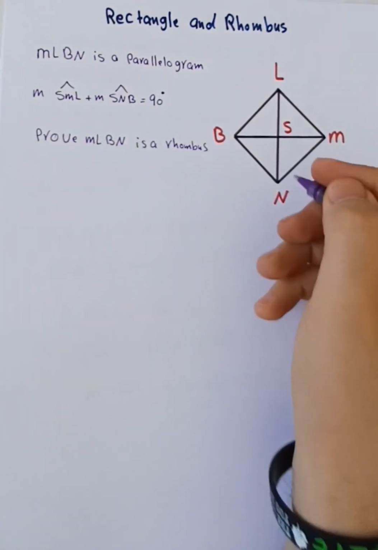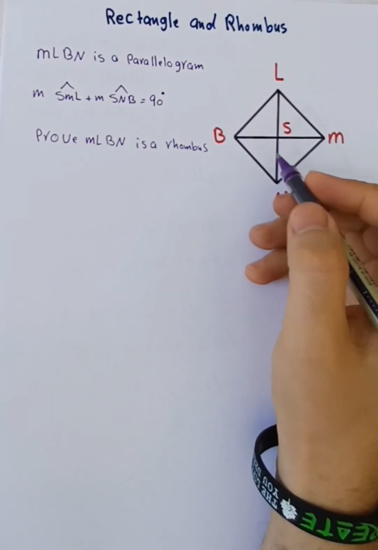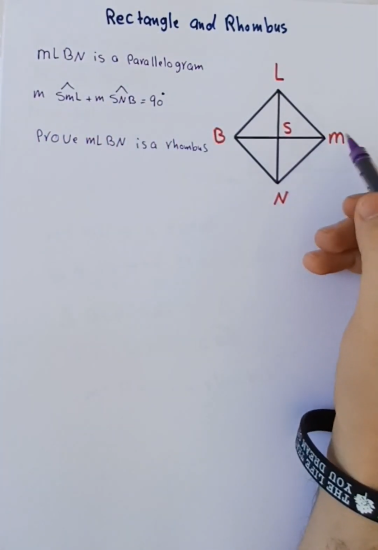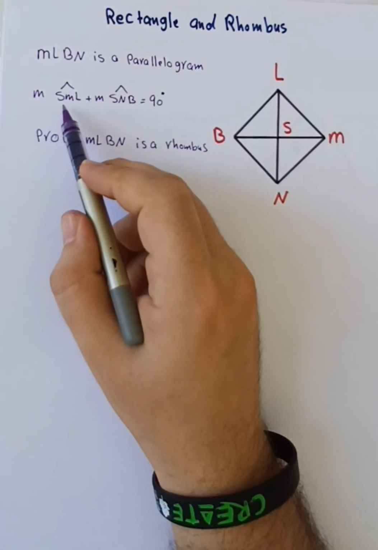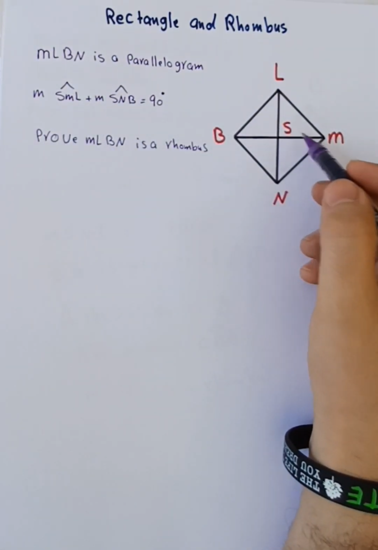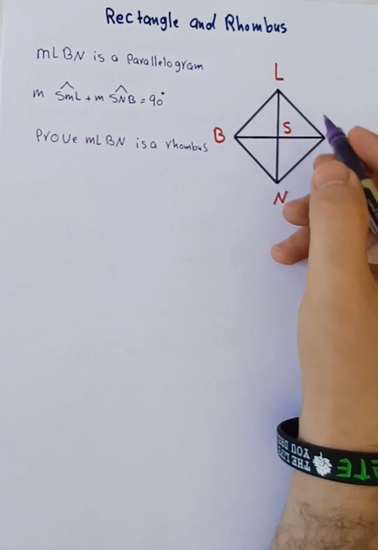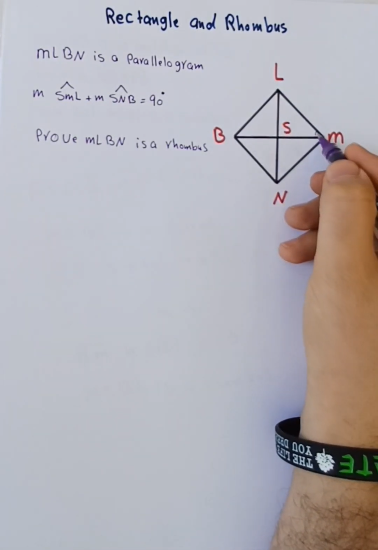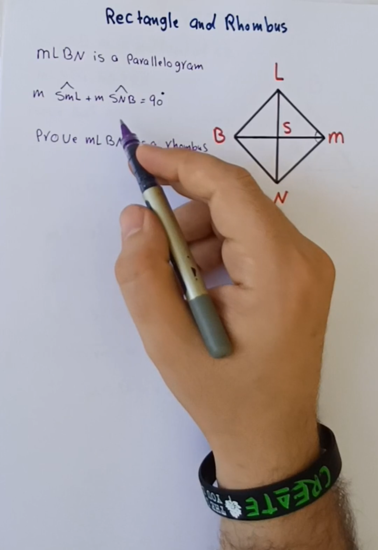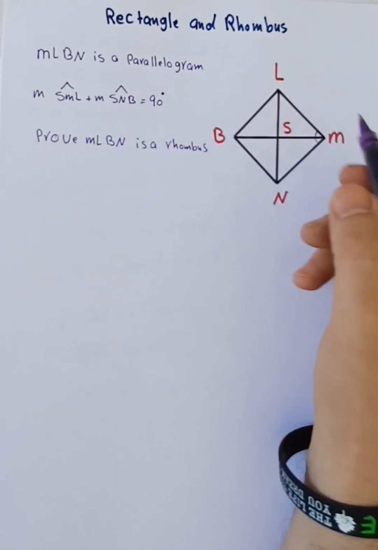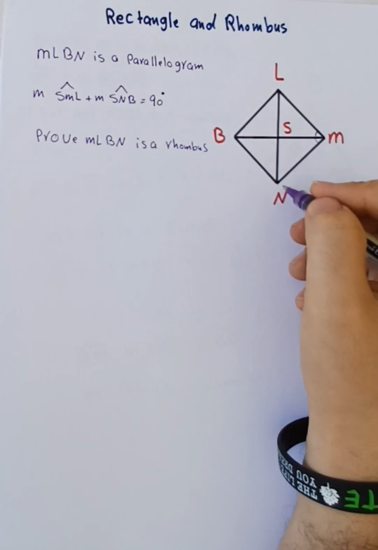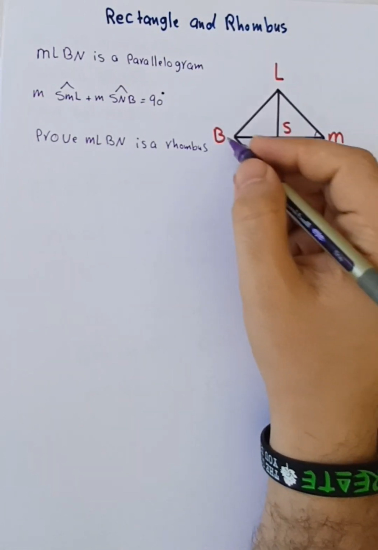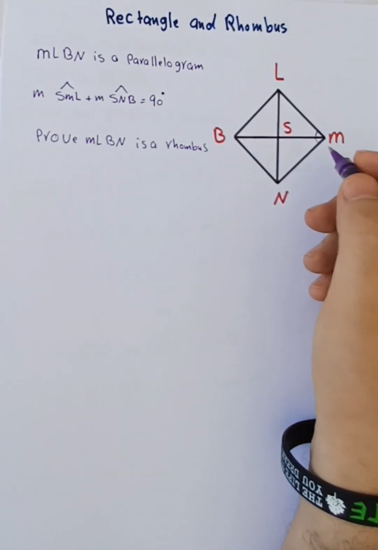After that, we have this figure, and we have some information about this figure. MLBN is a parallelogram, and the measure of angle SML plus the measure of angle SNB equal to 90.